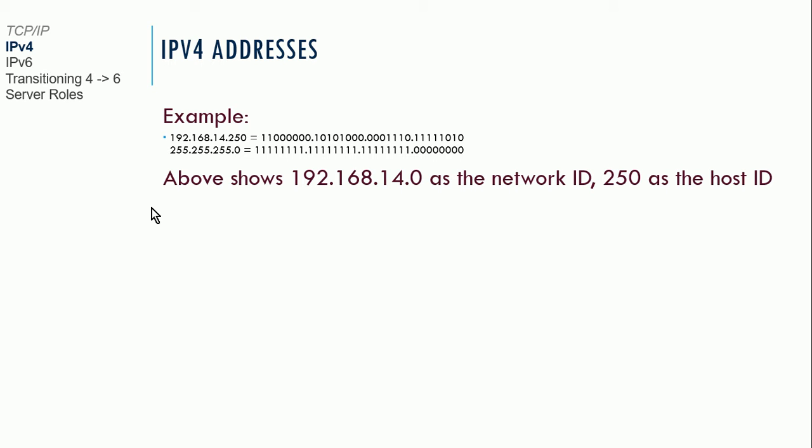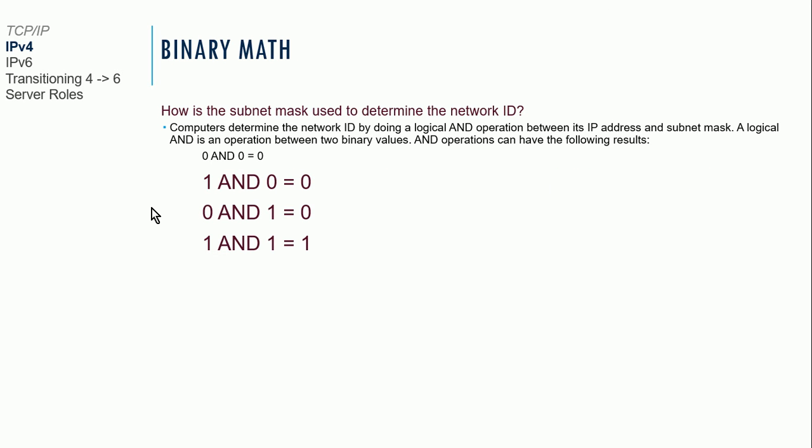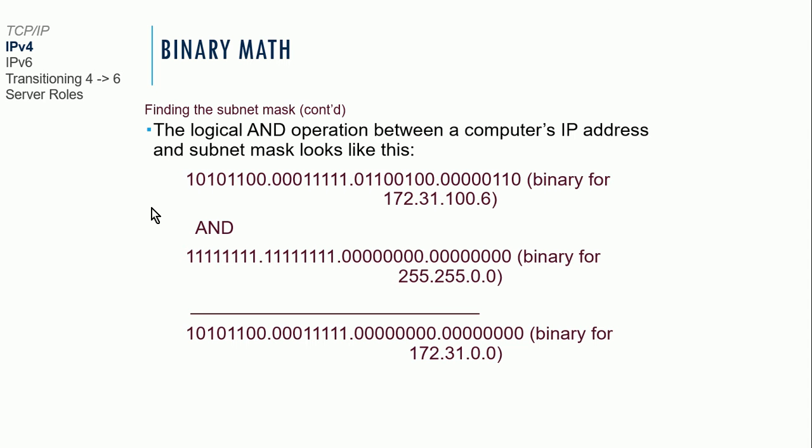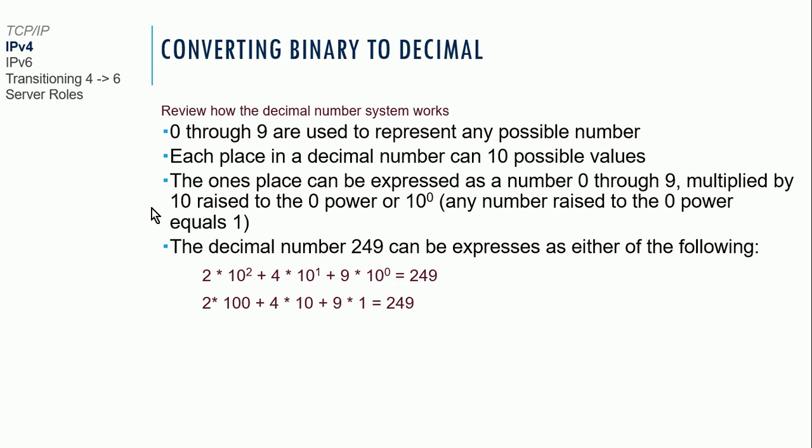So I'm not going to talk about this too much, but just a refresher on exactly what an IP address is. And of course, IP addresses are made up of ones and zeros, right? Because it's all binary data. You probably learned a little bit of binary math in some other classes, but as a quick refresher, if you wanted to calculate what a number would be in binary, you can do so with this example here.